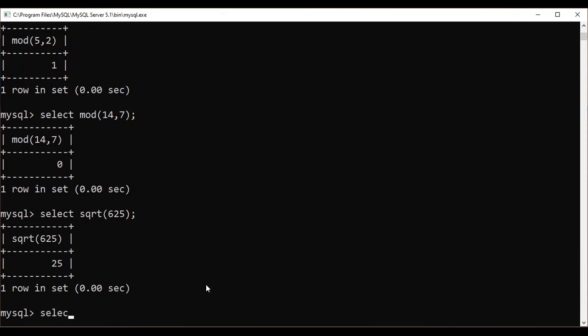If I say select sqrt of 9, which two similar numbers when multiplied give 9? 3 into 3. So the square root of 9 is 3. So these are the mathematical or numerical functions available in SQL.